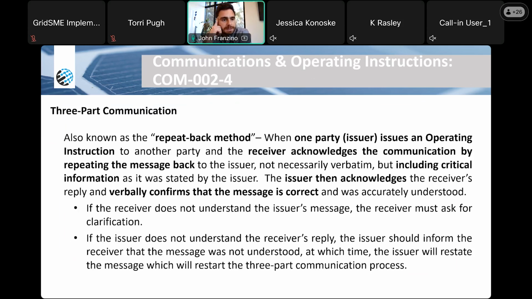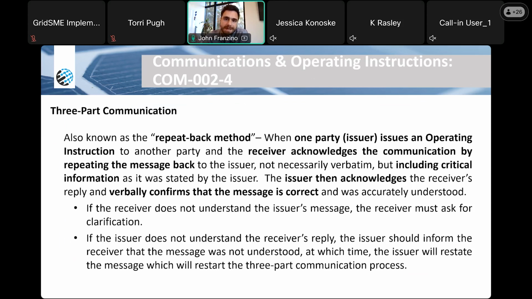It's a simple process, but it really helps ensure that no miscommunication occurred, that you didn't mishear what the instruction was. So you repeat back to them. It doesn't necessarily need to be verbatim, but repeat back what you heard as a GOP operator, and whoever's issuing that operating instruction will confirm or deny.